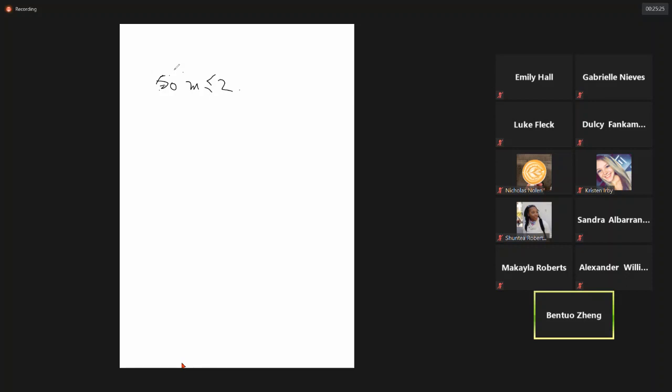To show m is actually equal to 2, we have to show m is greater than or equal to 2.